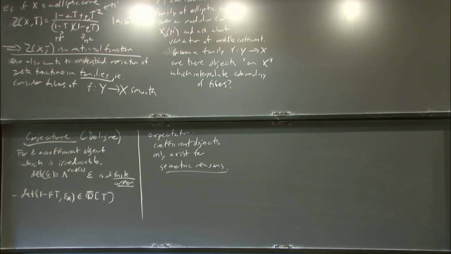So in order for something to show up as a factor of a zeta function, if you normalize the constant term to be 1, it actually has to have Q bar coefficients. So this thing could actually exist for a geometric reason, in the sense that it appears as some consistent factor in the zeta functions of fibers of some morphism down to x.